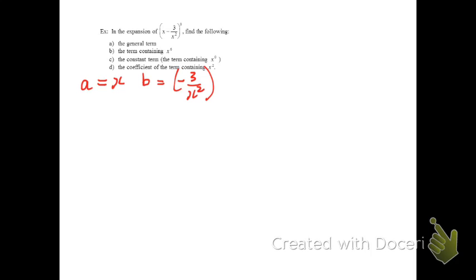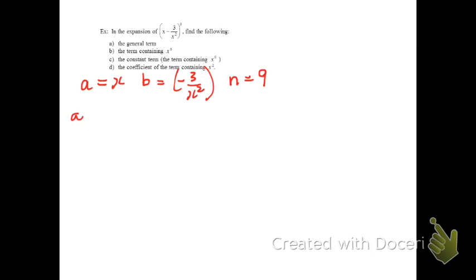So that's going to be problematic. And we know that our n is 9. Okay, so we are expecting to have 10 terms. All right.